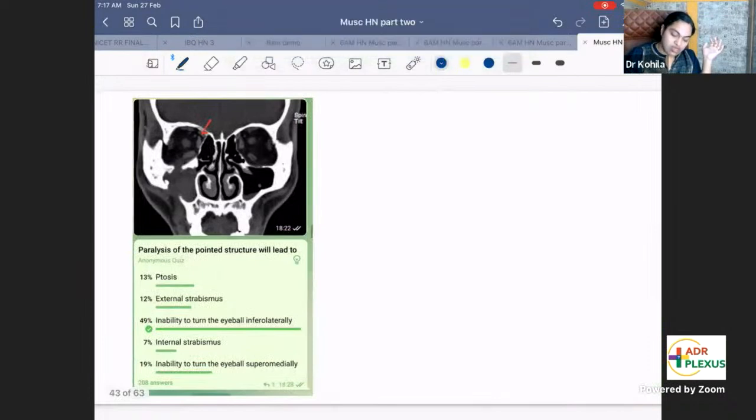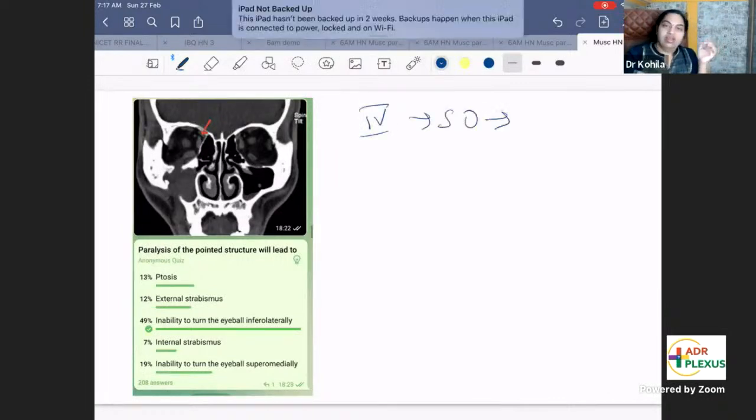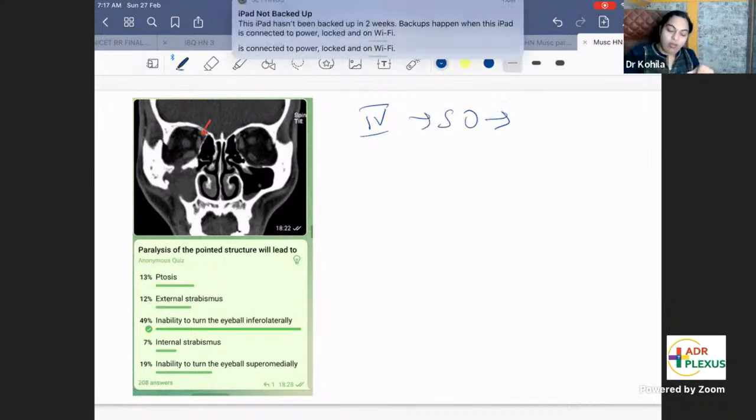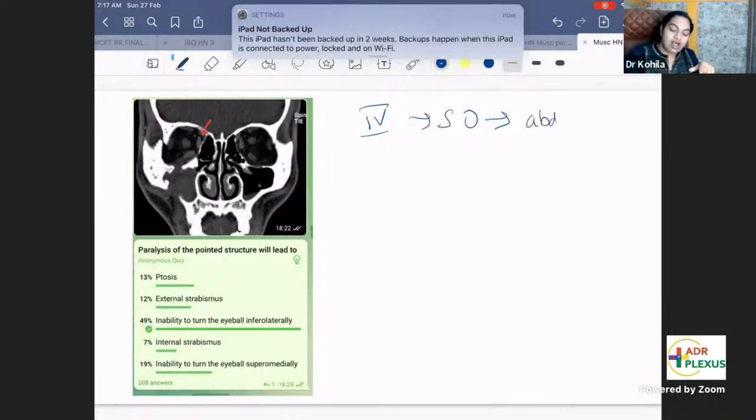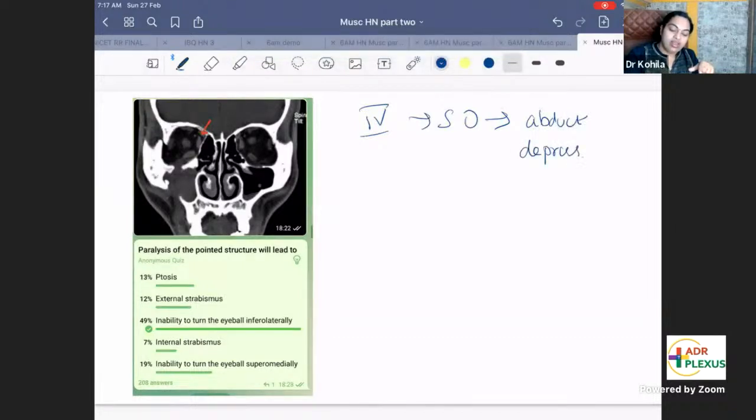Okay, this was the question. So superior oblique. What will happen when there's injury to the trochlear nerve? Superior oblique goes for palsy. So what is the normal action of superior oblique? It should be able to abduct the eyeball. It should be able to depress the eyeball. Yes. And one more thing, it should be able to intort the eyeball.